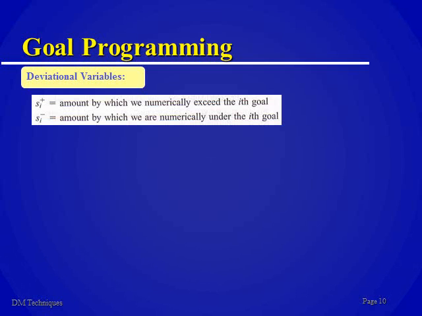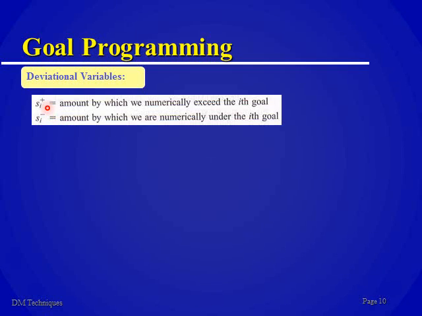So for example, these are the deviational variables developed for this problem. It's going to be s sub i plus or s sub i minus. And what this means is, for example, s sub i plus is the amount by which we numerically exceed the ith goal. So for each goal, let's say we have 3 goals, we're going to have 3 different s_i plus variables and 3 different s_i minus variables.